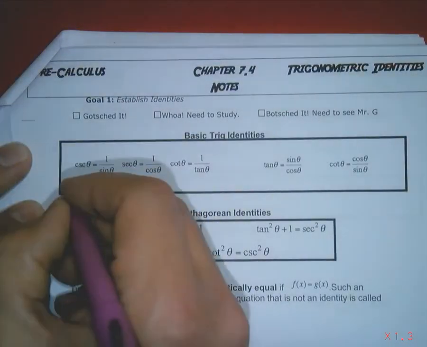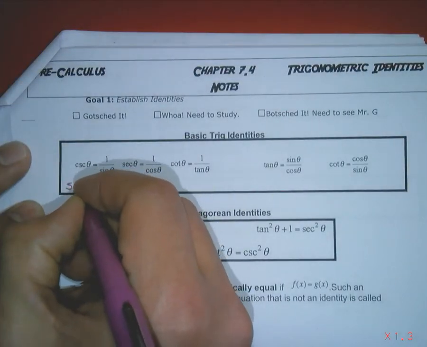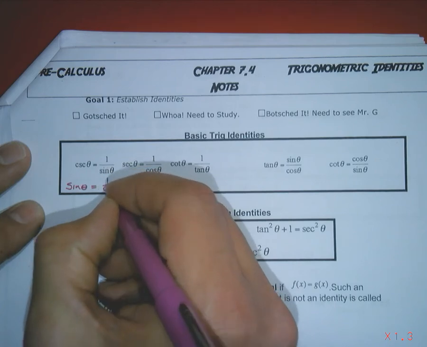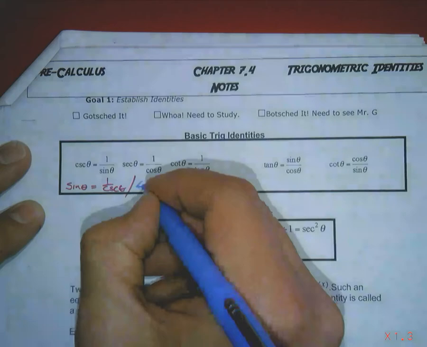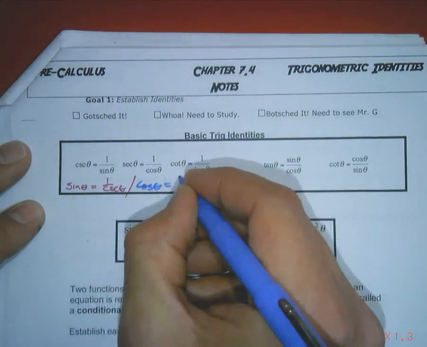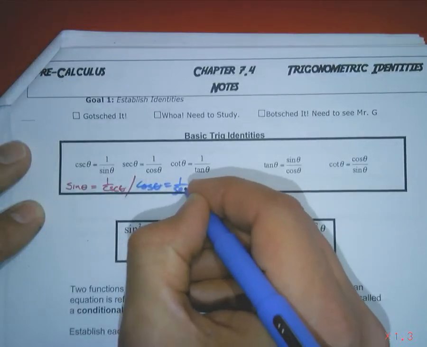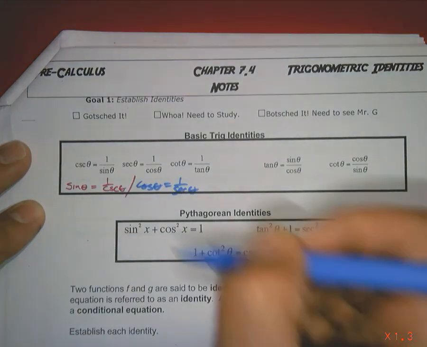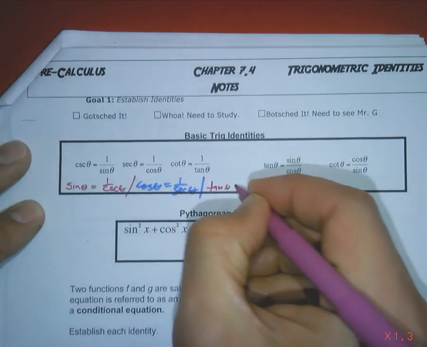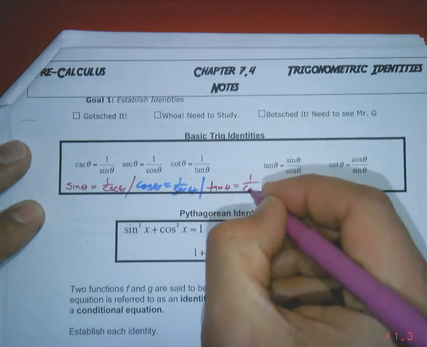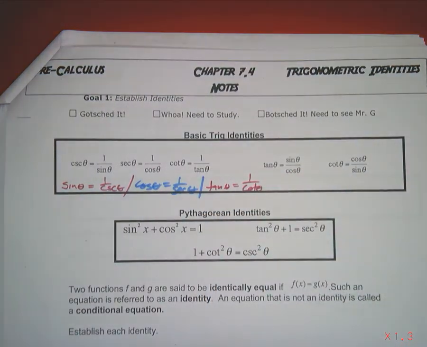You could also say the opposite, that sine is 1 over cosecant. You could say cosine is 1 over his buddy secant. And then you could say tangent of theta is 1 over cotangent. So those guys are reciprocals of one another.